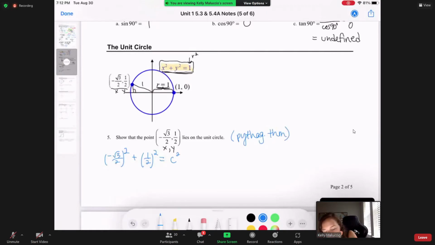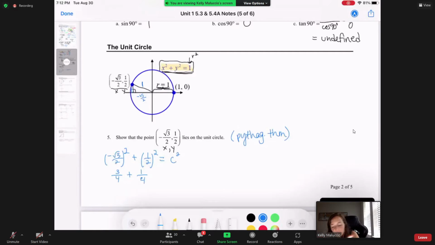And think of it as, this is negative root 3 over 2, this is 1/2, and this is 1. Well, okay, we don't know that it's 1 yet, but this is our right triangle. So when I square these, square root of 3 squared is 3, 2 squared is 4, and 1 squared is 1, and 2 squared is 4.